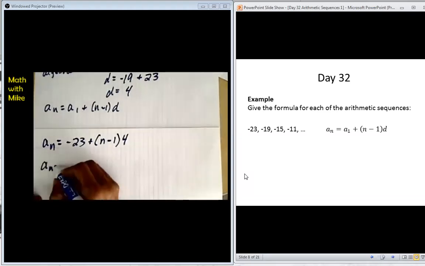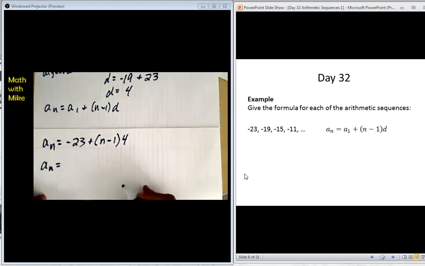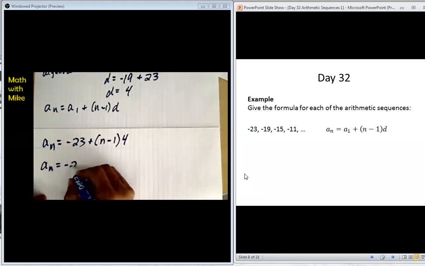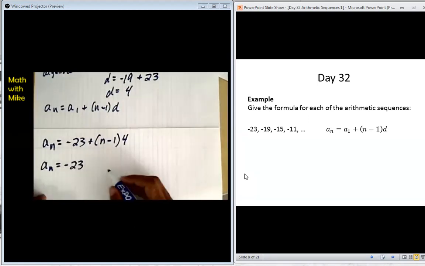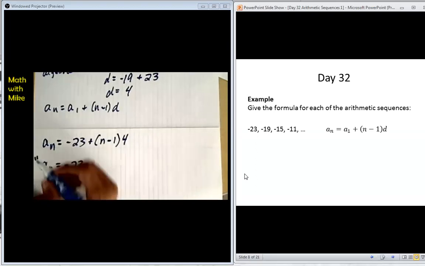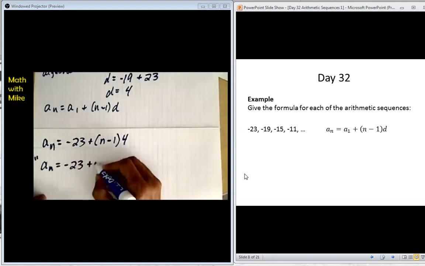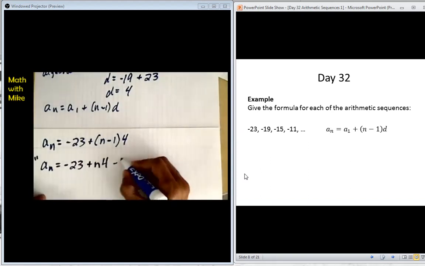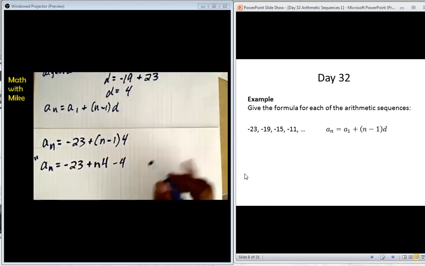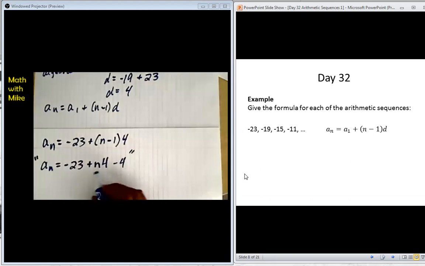So minus 23 plus 4 times n minus 1. Understand that it's 4 times n and 4 times minus 1.